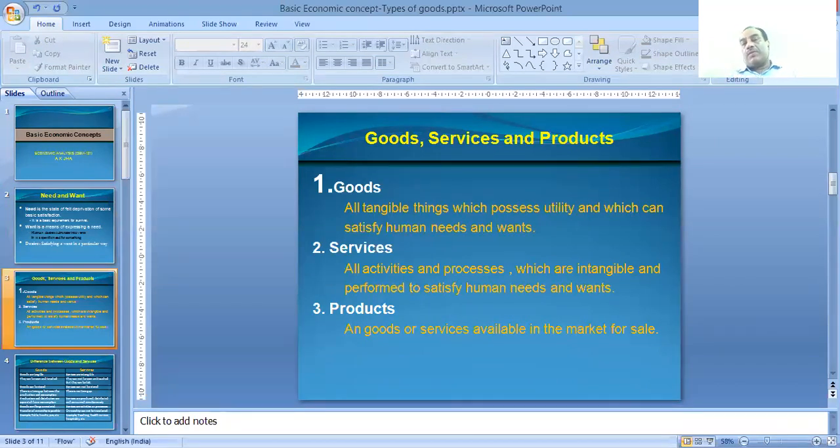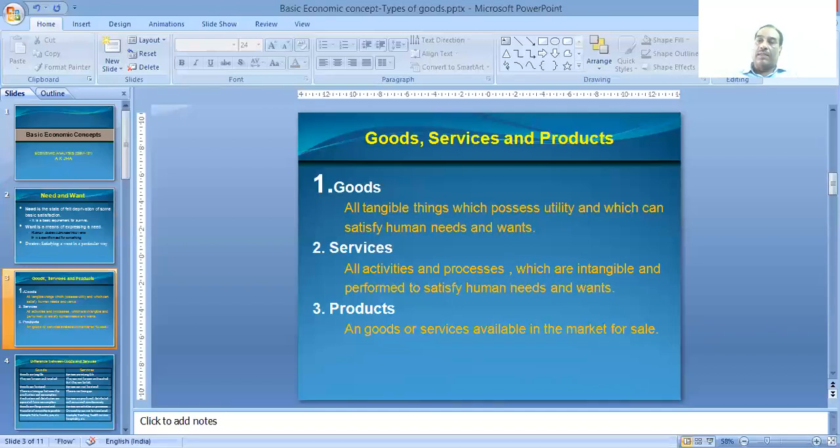When we say goods, all tangible things which possess utility and which can satisfy human needs and wants are called goods. It is very important to note that they are tangible things. Tangible things means the things which can be touched or felt. Suppose you have a pen, so it is a tangible thing.